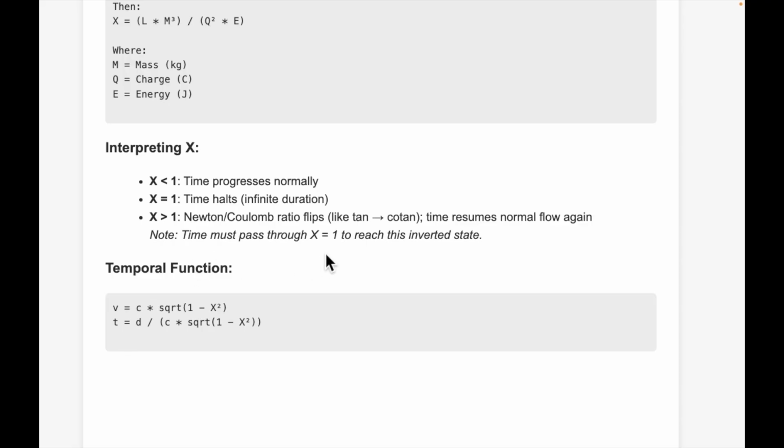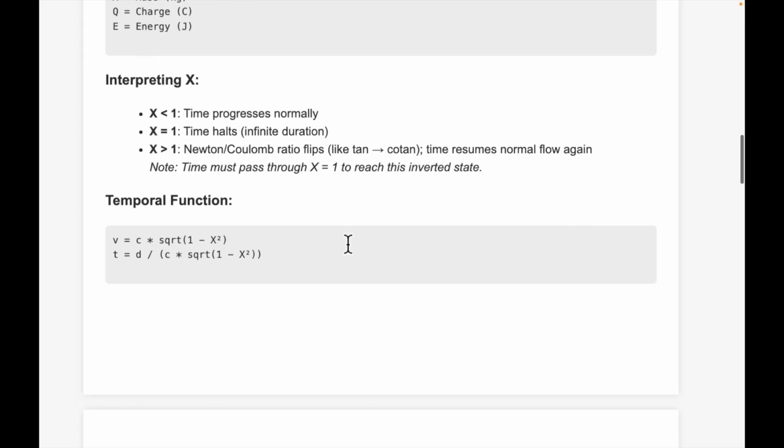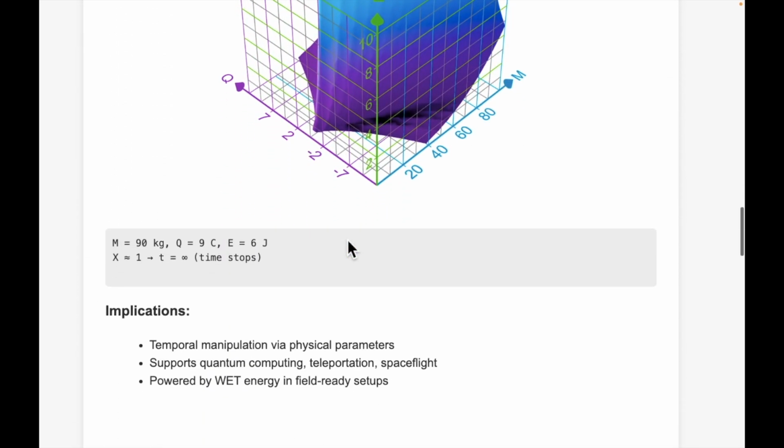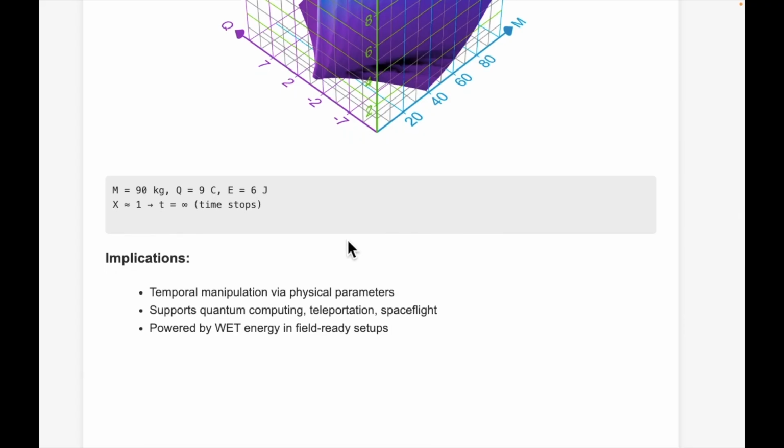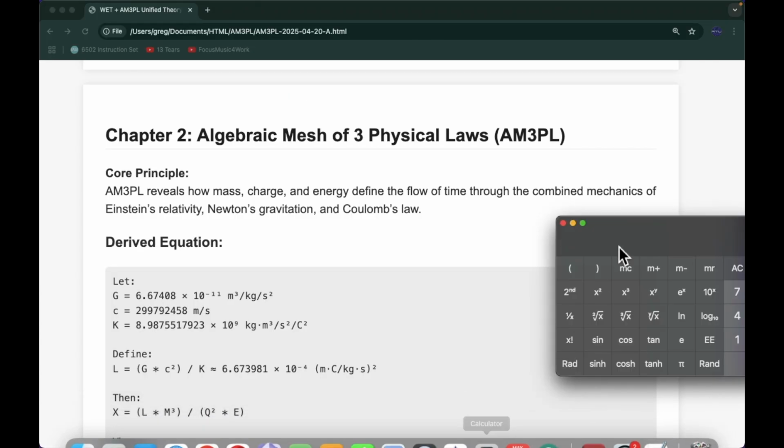So it has to pass through that x equals 1 to go from one side to the other. And that's the macro version of my equation. There we go.